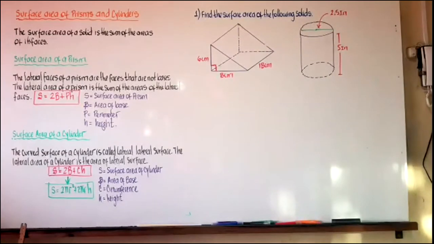And you know, the area of the base in the cylinder, because we're talking about the area of the circle, will always be pi r squared. And the circumference will be given by 2 times pi r multiplied by h.